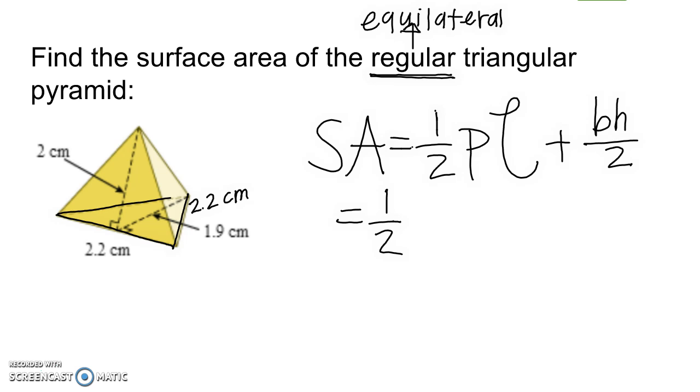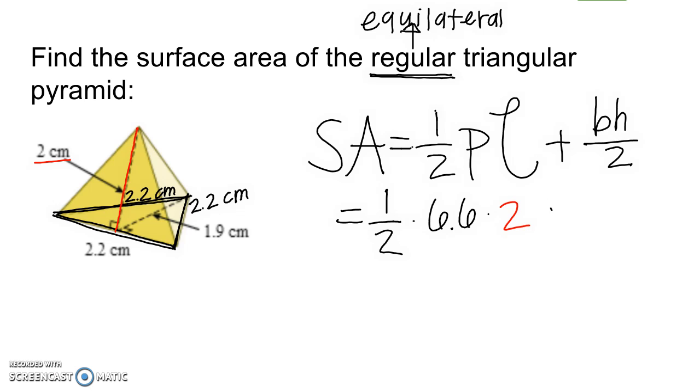And that means this back side is 2.2. So to find the perimeter, I would do 2.2 plus 2.2 plus 2.2, or 2.2 times 3, since there's 3 sides, it's all the same. That is 6.6. The slant height, I see it coming from the top to the bottom. It is 2.